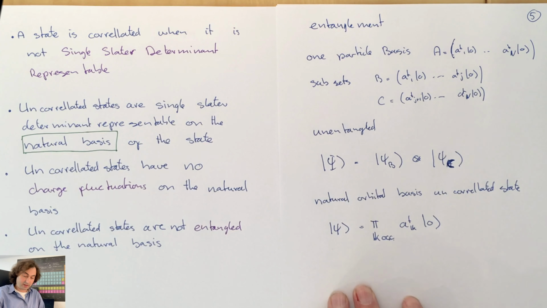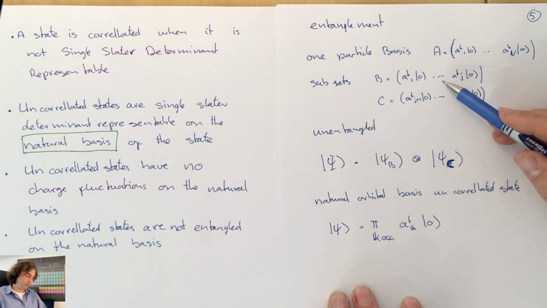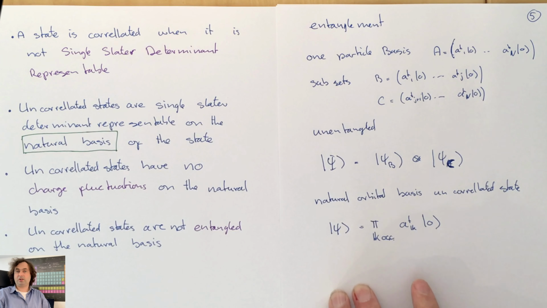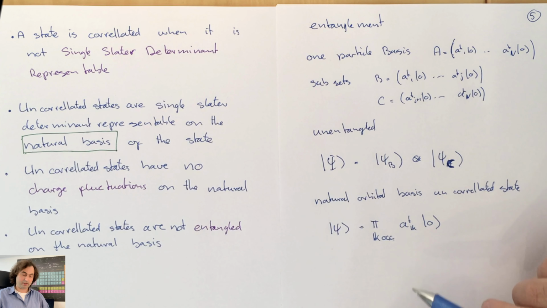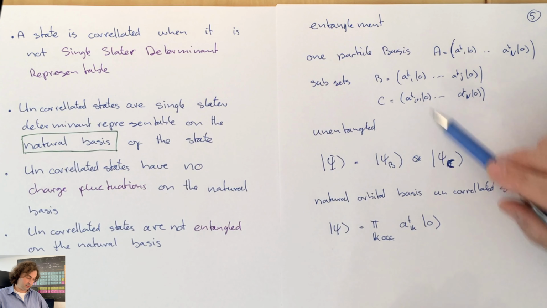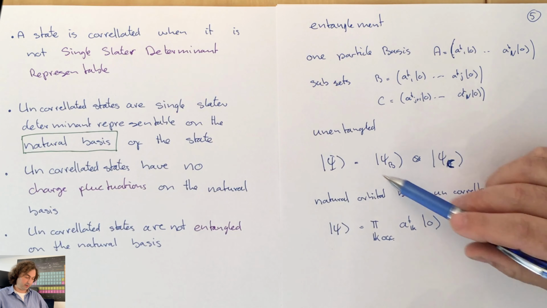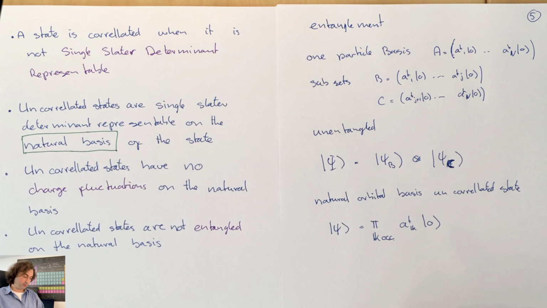Now for such a state we can definitely define two subsets, and actually any combination that you can make of the occupied states is allowed to be taken as a subset, and on that subset you can write your wave function as a product. Actually the wave function is written as a product of all single electron states that we have.